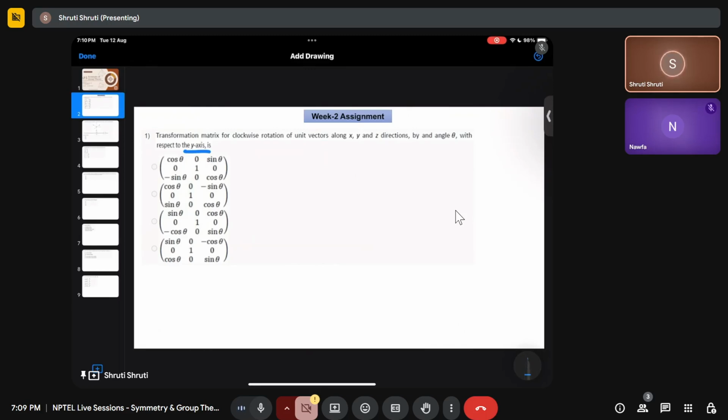Suppose you have a matrix A, and you multiply it with another matrix B, then the resultant matrix will be something different from A. It will not be the same as before, unless AB is equal to the identity matrix. The identity matrix is represented like this: 1 1 1 and so on, and the off-diagonal elements are all zeros.